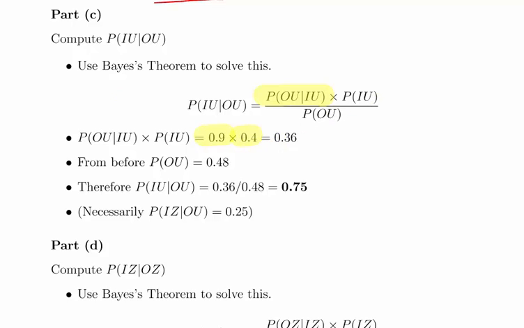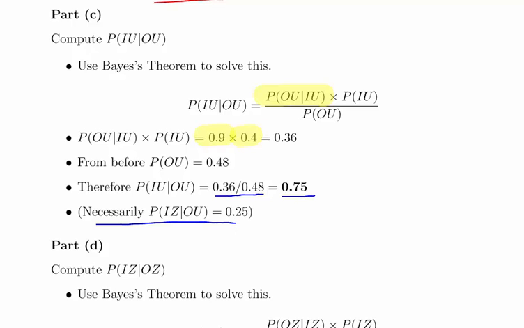So altogether, the top of the expression works out to be 0.36. The probability of the output being 1 is 0.48, so that means 0.36 divided by 0.48. That is 0.75. And necessarily, the probability the input was 0 given that the output was 1 is 0.25.